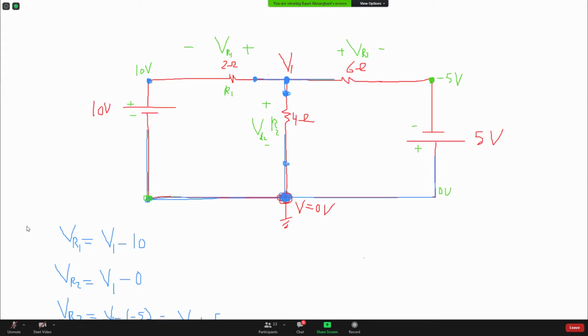Okay, now I'm going to go to another thing. What about the currents? I'm going to erase a few things here. I'm done with the voltages. I'm going to do currents now. What if I want to find this current? Let's say this is I1 in this direction.